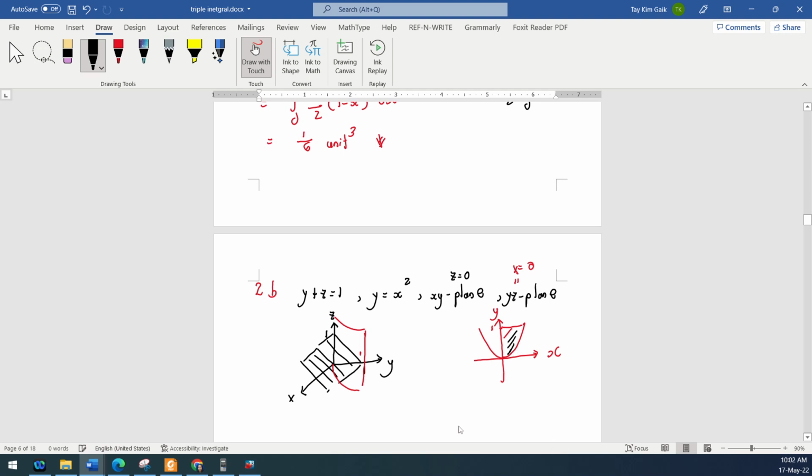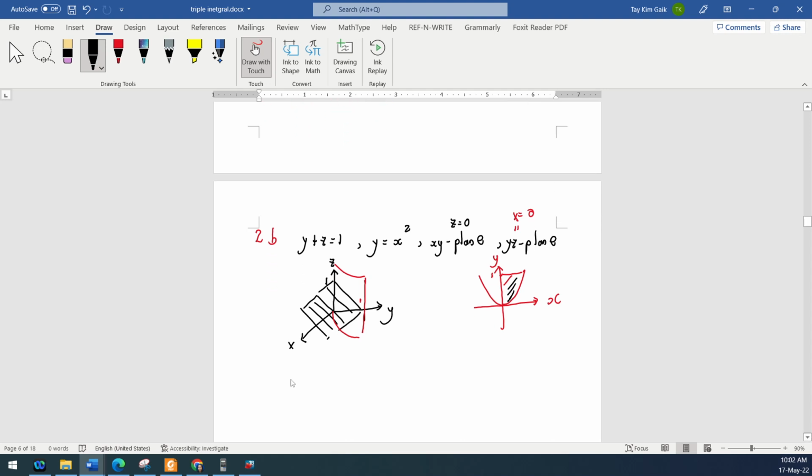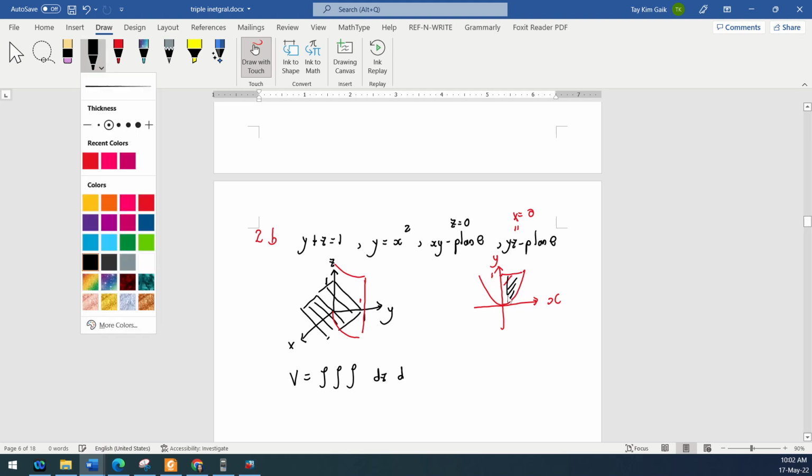Okay, so now using the triple integral for volume, we have y plus z equal to 1, we can make z the subject, so I will use dz. And I see this curve, I can sum it using a vertical bar.